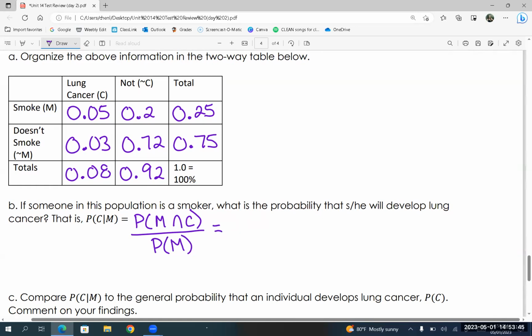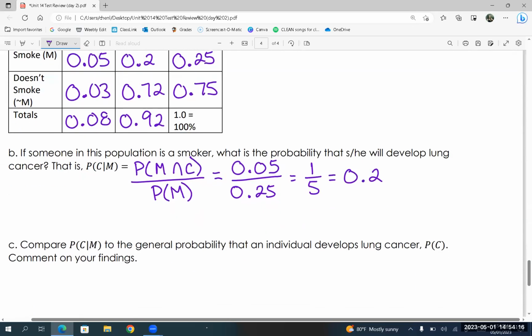That would be 0.05 divided by just smoking, which is 0.25. So 0.05 divided by 0.25 is 1/5, or 0.2.